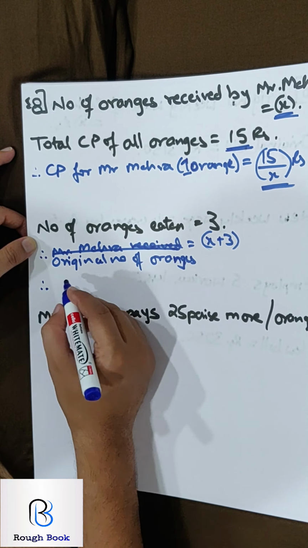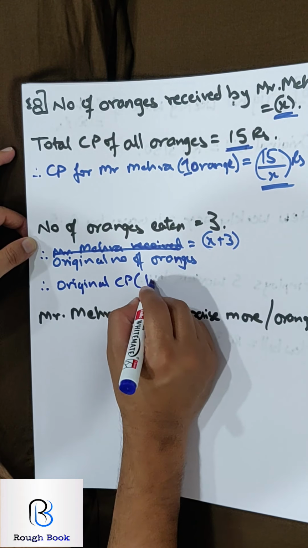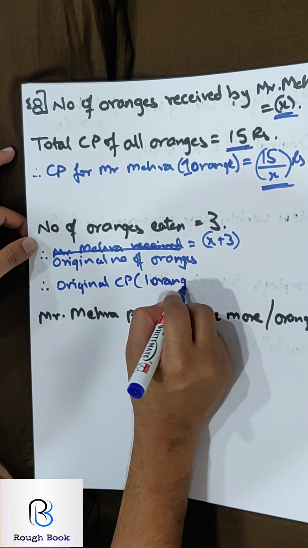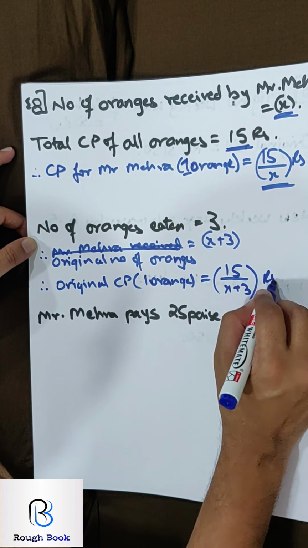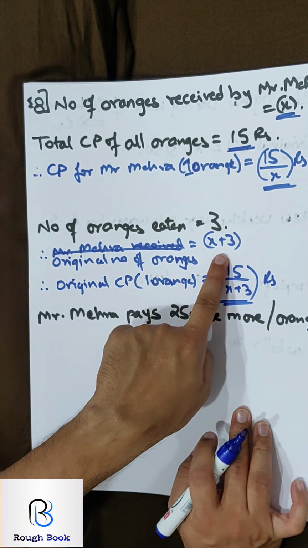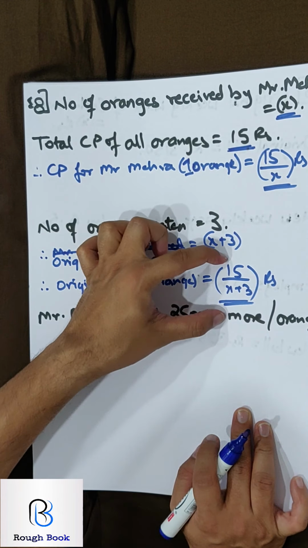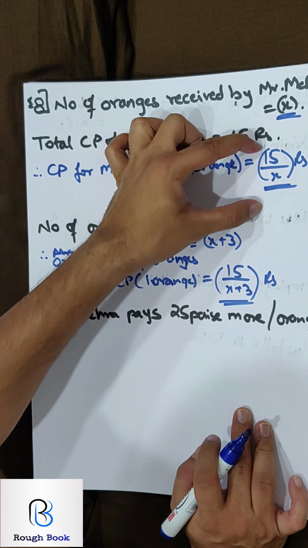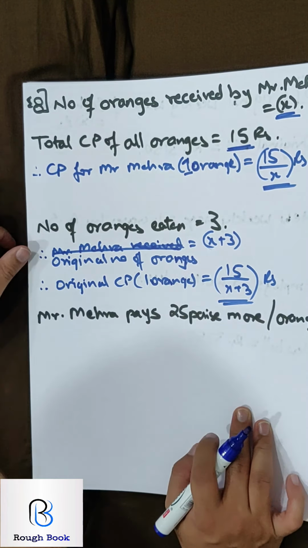Getting it? So therefore, original cost is how much? Original CP of one orange will be how much? So that will be 15 rupees divided by x plus 3 actually. Because these were the original number of oranges bought. So 15 divided by this is the actual original cost. This is the cost which Mr. Mehra paid and this is more because he has paid 25 paise more.